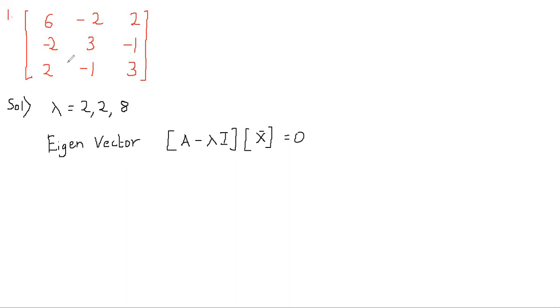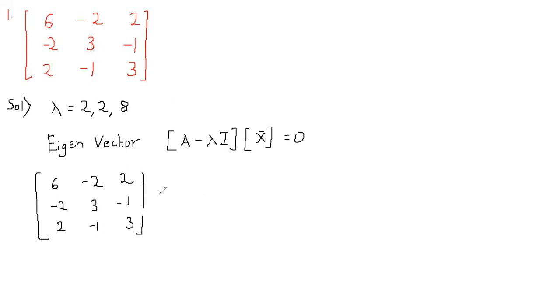So what is A? A we know, that is 6 minus 2 2, minus 2 3 minus 1, 2 minus 1 3.